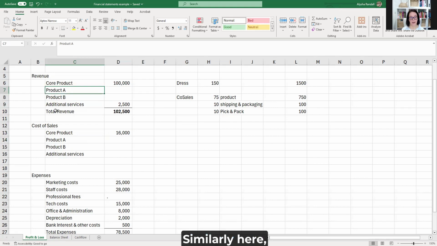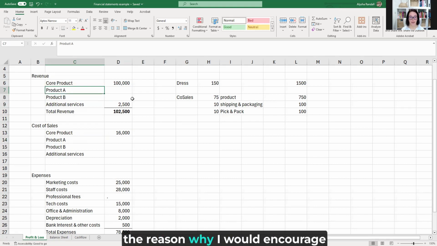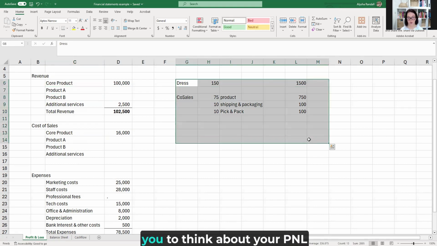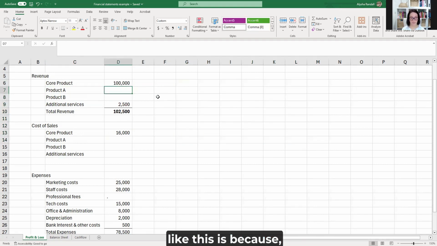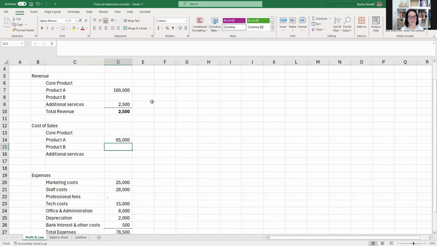Within product A, you may have all of these elements, but your subtotal all totals up to product A. Similarly here. The reason why I would encourage you to think about your P&L like this is because, say, for example, you had product A, particularly for retail.